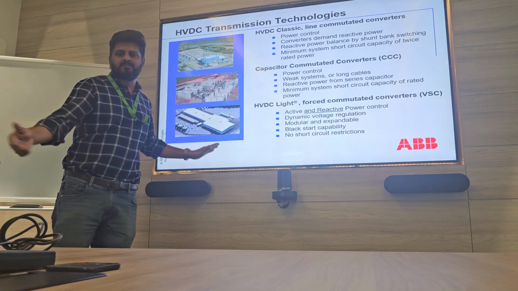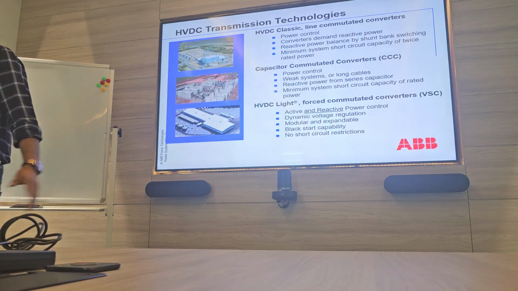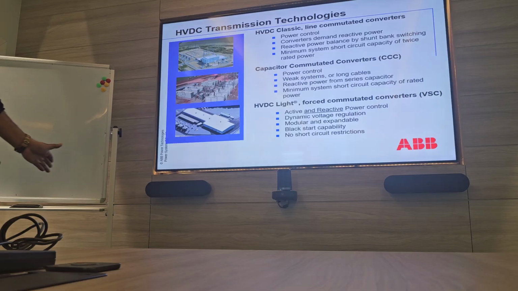That's why in our current projects we have this black start feature for NG HVDC projects. So if the complete network is blacked out due to some fault, then the healthy HVDC station will feed power and energize that black network.